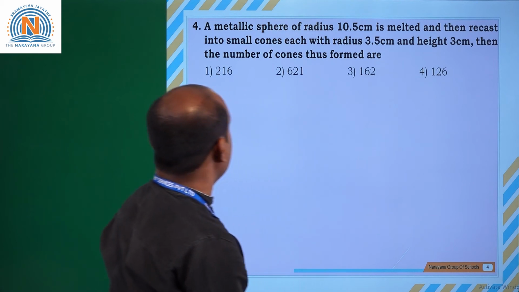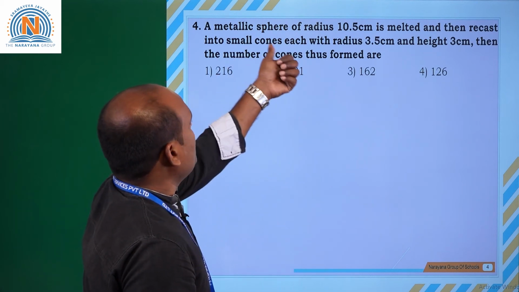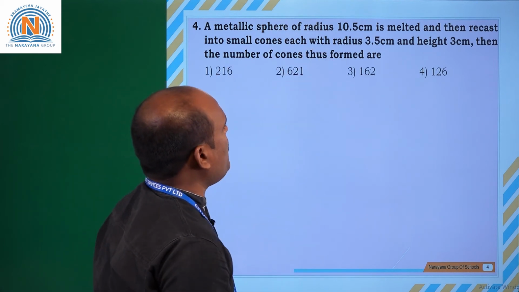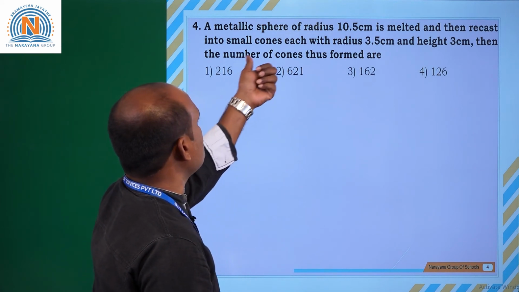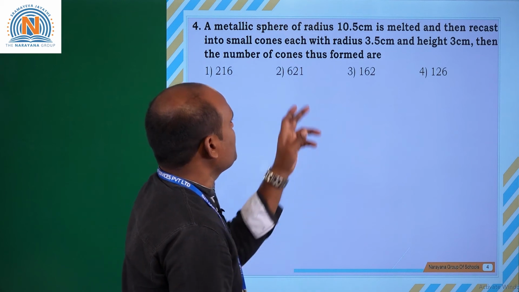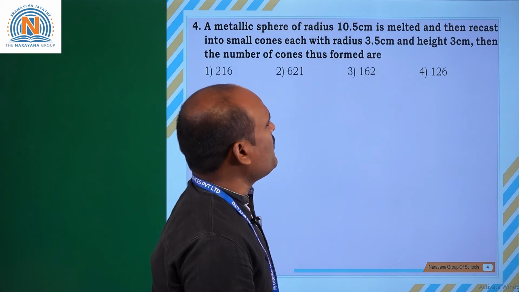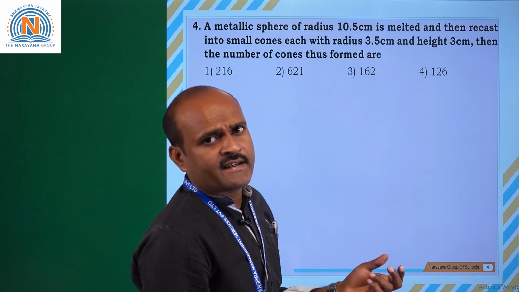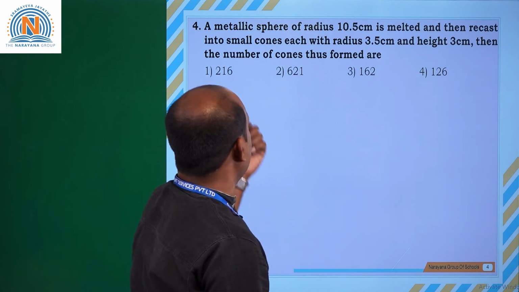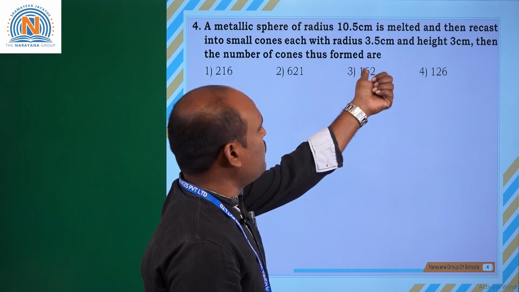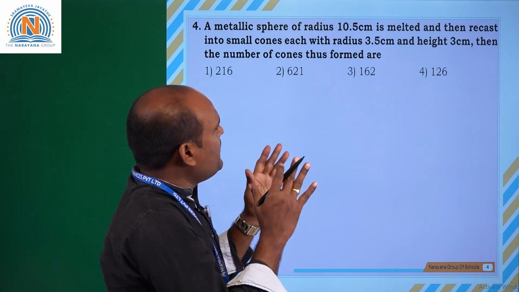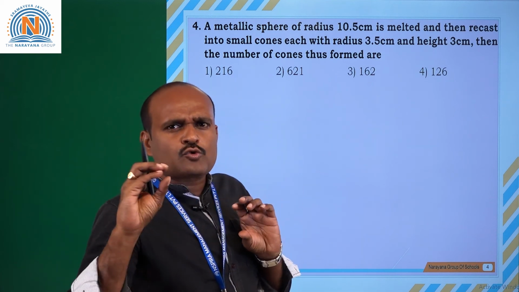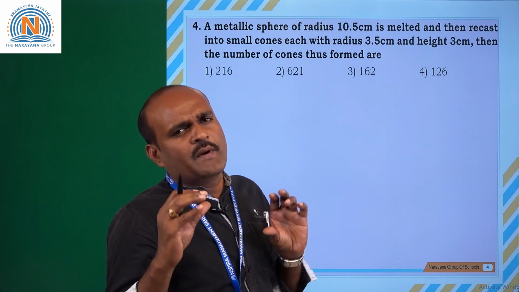Now coming to the next one. A metallic sphere of radius 10.5 centimeters is melted and then recast into small cones, each with radius 3.5 centimeter and height 3 centimeter. Then the number of cones thus formed is, right. So one sphere is melted and recast into small cones. How many cones?